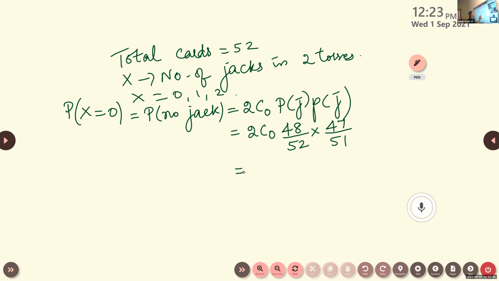2C0 is 1. You cancel this. This is 24 by 26. So now multiply this and find out the answer. 24 into 47 by... what is the answer?